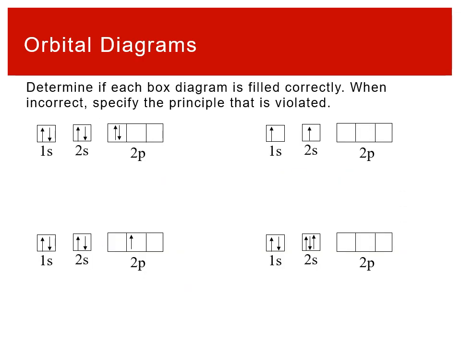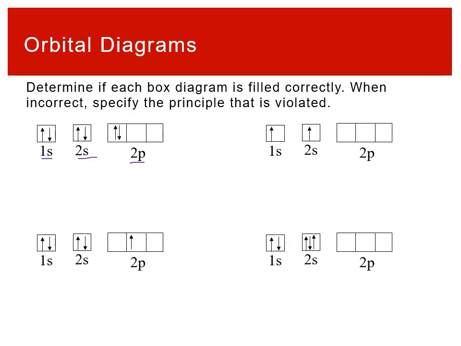Now we want to look at some slightly different examples where we look at just parts of box diagrams and see what's wrong with them. So the first one, we can see we got the 1s2, 2s2, 2p2. So we want to think about, is this filled correctly? Are these arrows drawn in the right places, right directions, all sorts of ideas.